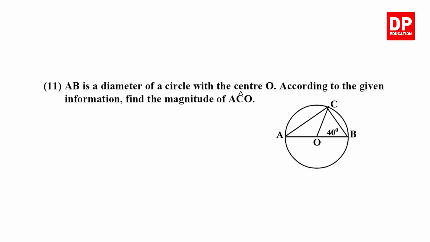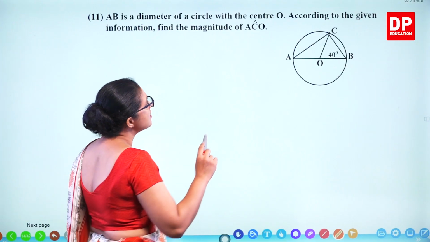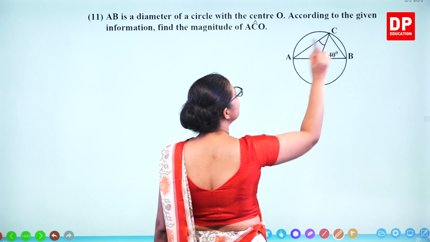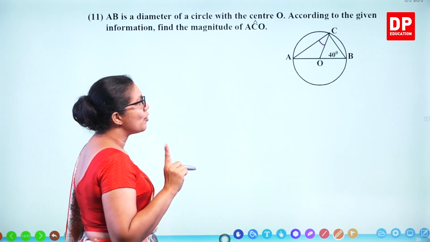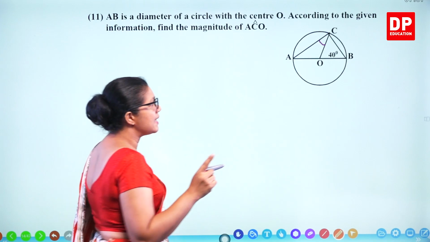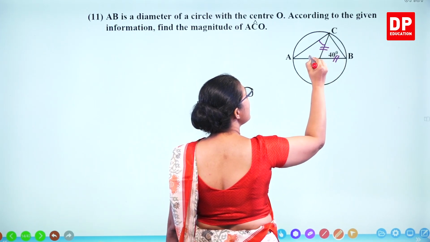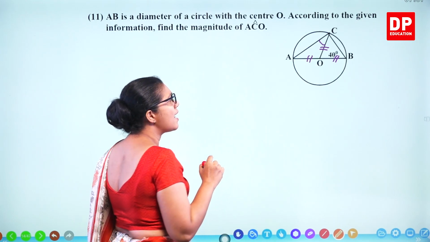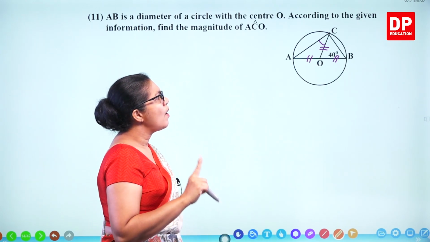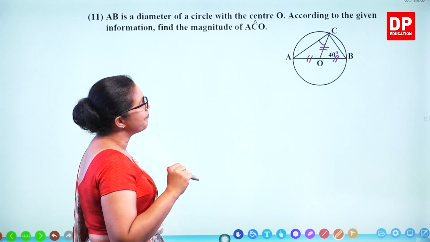Question number 11. AB is a diameter of a circle with the center O. According to the given information, find the magnitude of ACO. ACO means this angle. How can we find out that angle? So O is the center. So you can say these lines are equal. All these are radii. OA, OB, OC.